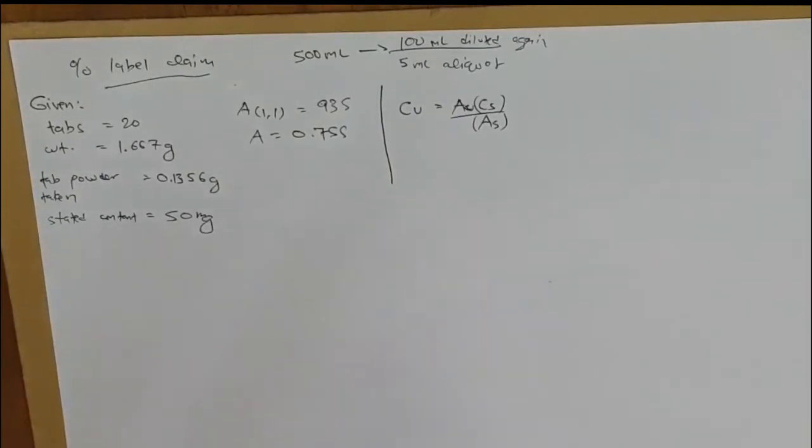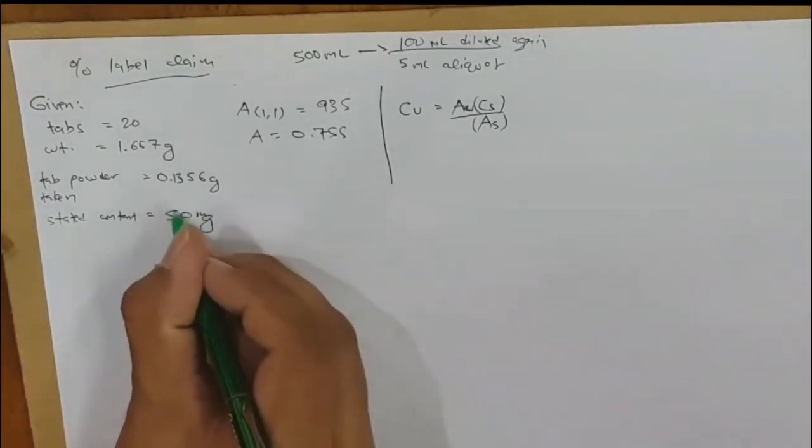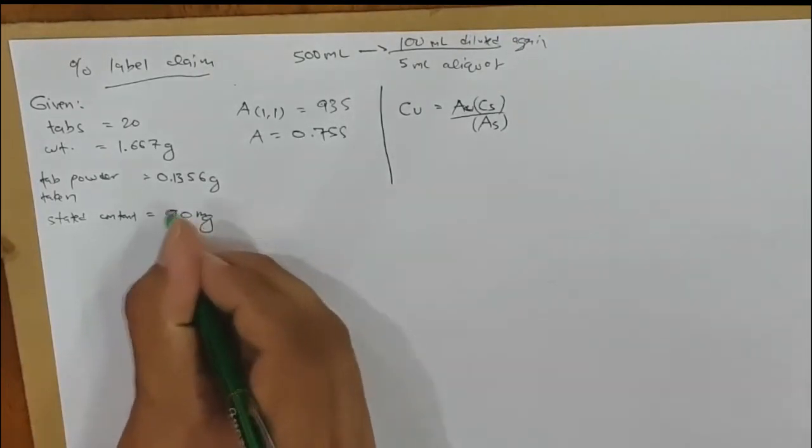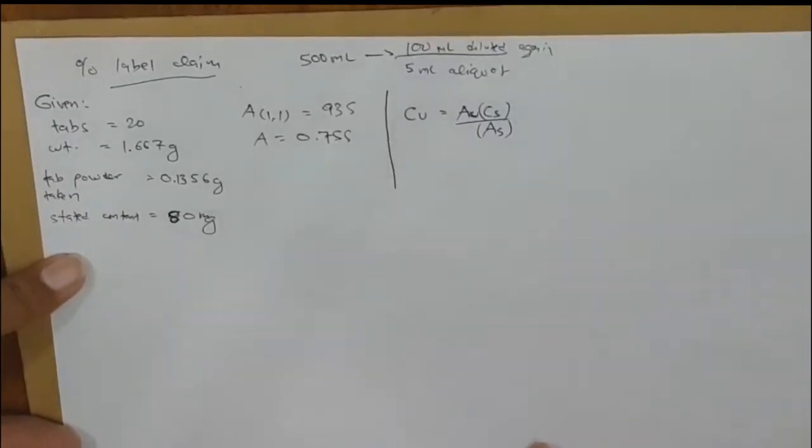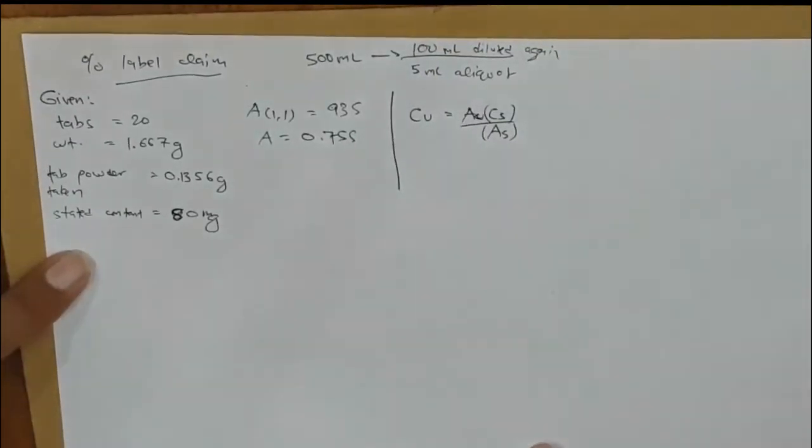Mr. Lee, can you please read the problem? So it's a tablet powder containing about 80 milligrams of promazine HCl. Is ground to a paste with 10 ml of 2 molar HCl. You don't need to take note of that. It's there to confuse you.